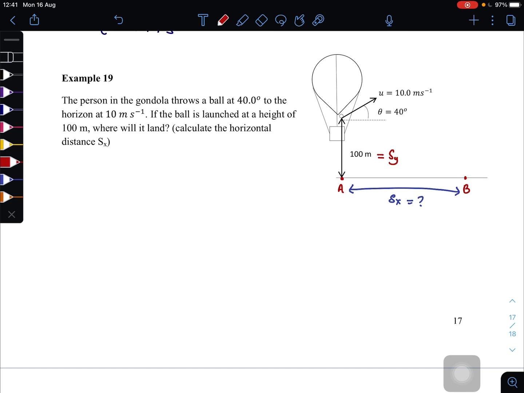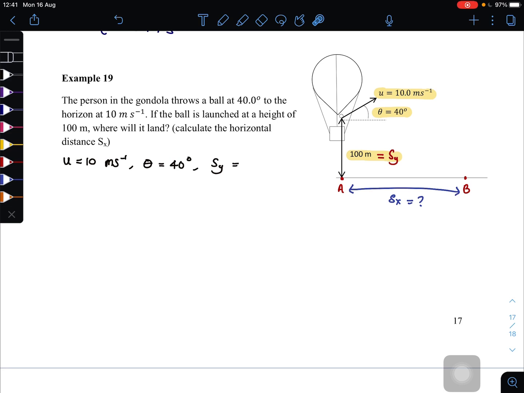Okay, so now we have the initial velocity, we have the angle, and then we have the vertical displacement. So let's write that down first. So we have U 10 meter per second, we have the angle 40 degree, and then we have the Y displacement, Y component.